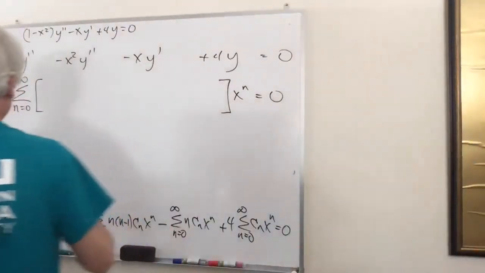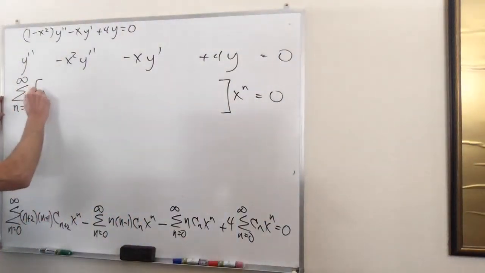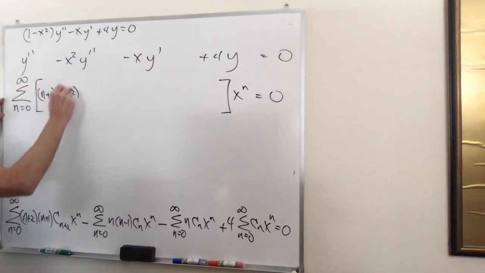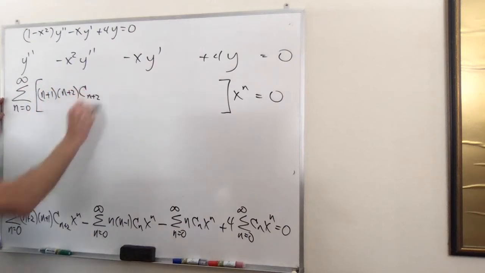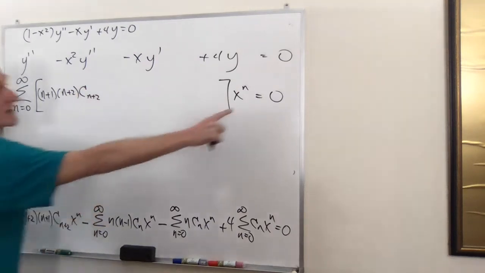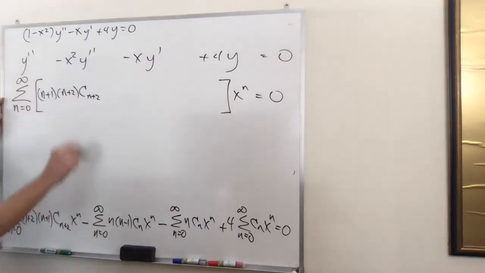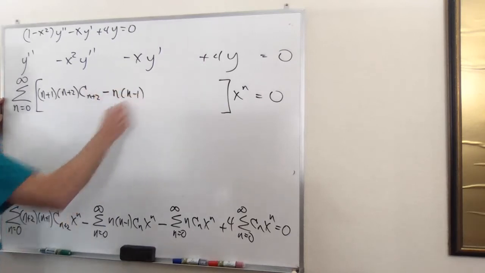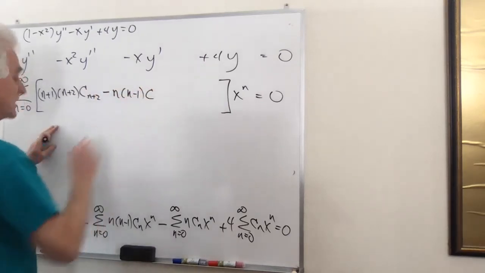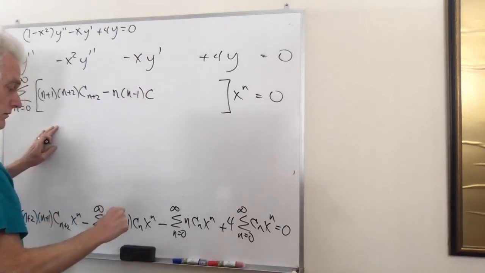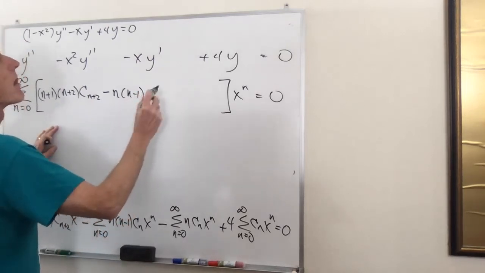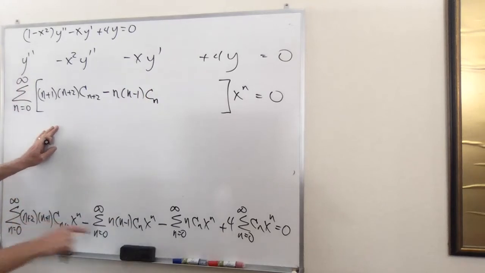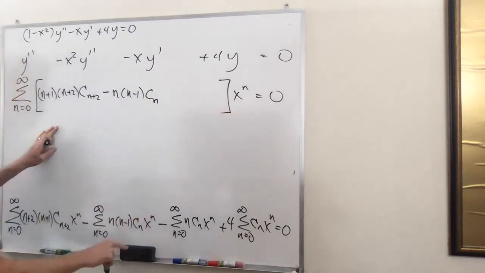And what's that thing inside there? First, this term, I've got n plus 1 times n plus 2 times cn plus 2, all times x to the n, but that's factored out. Then I have minus n times n minus 1 times cn, all times x to the n, good.